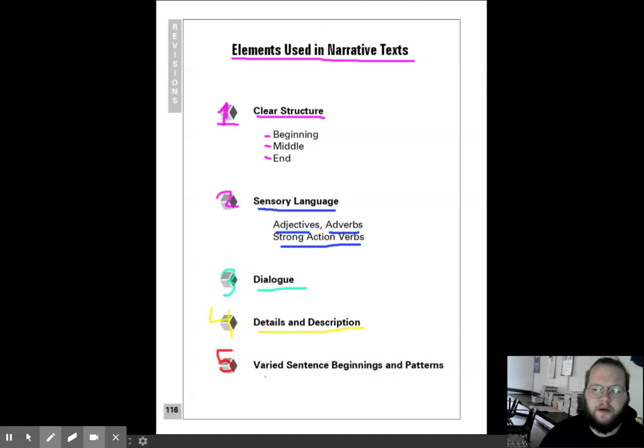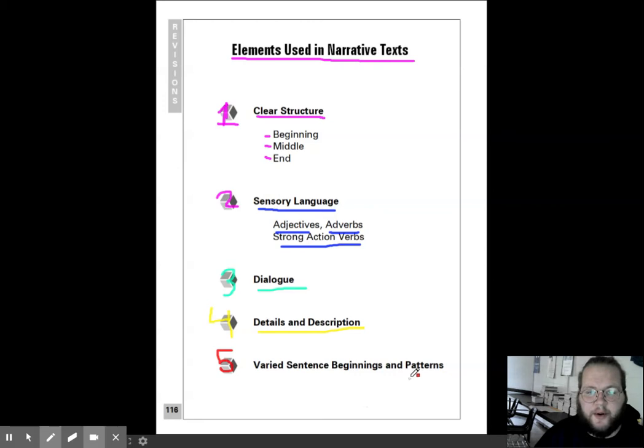It's horrible. So, necesita empezar tus oraciones con diferentes palabras. So you have to have different sentences. So these are the 5 things that we're going to look for.